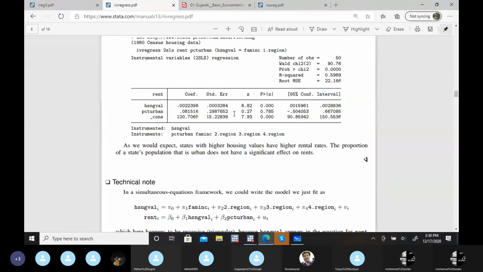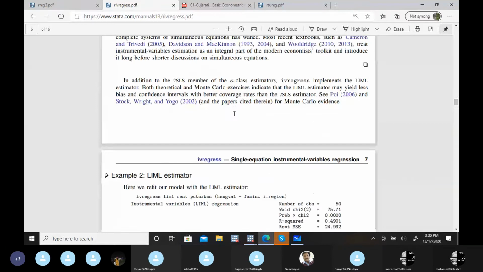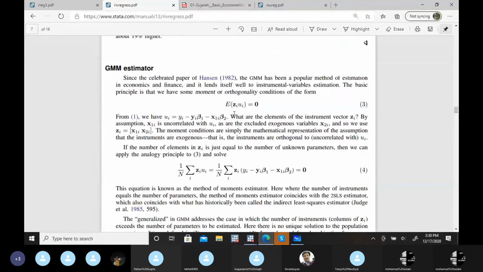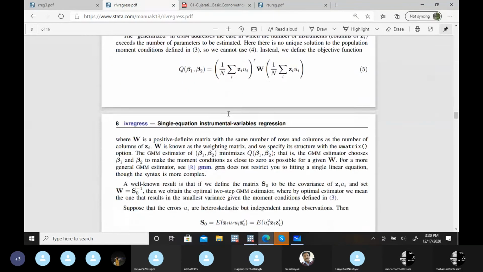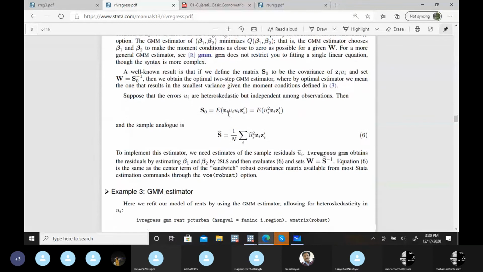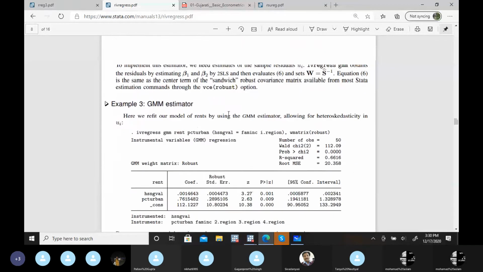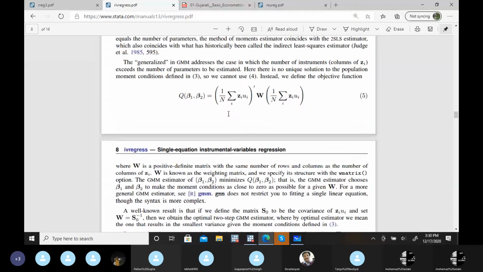Okay, I'll share these PDFs, although all the PDFs of the Stata versions are available on the internet. You can just go through this documentation on GMM estimators. Besides this, I think this particular GMM method is only given in the Greene reference book.